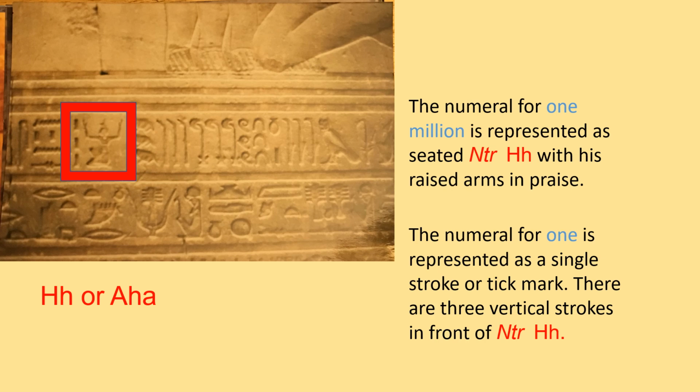The numeral for 1 million is represented as the seated Netzer, Hehe or Aha, with his raised arms in praise. The numeral for 1 is represented as a single stroke or a tick mark. There are 3 vertical strokes in front of Hehe, so we know this represents 3 million.